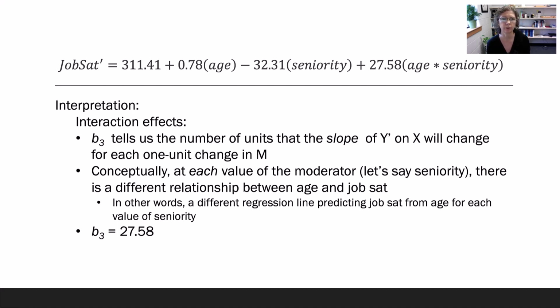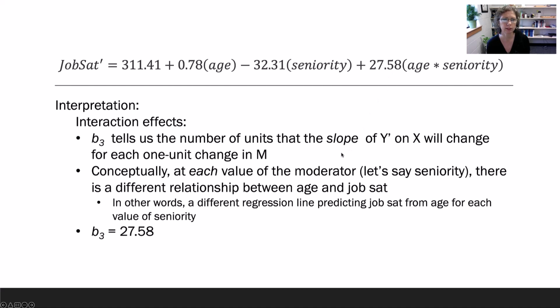So for every 1 unit change in the moderator, the relationship between age and job sat will change by the B3 amount, the regression coefficient for B sub 3.